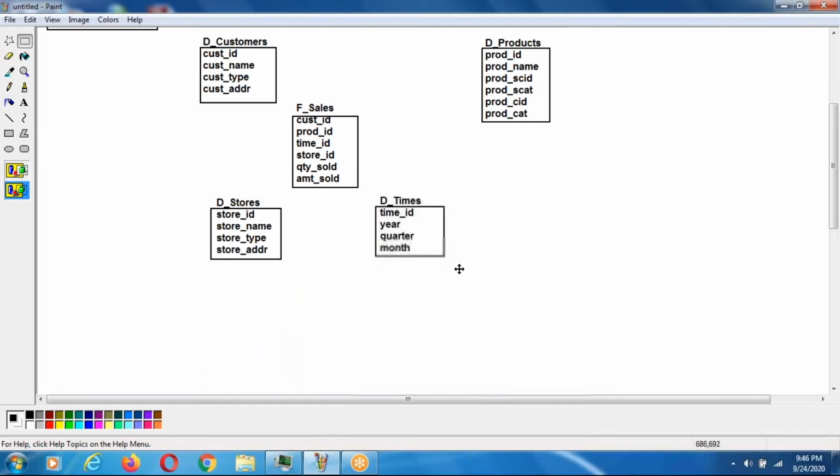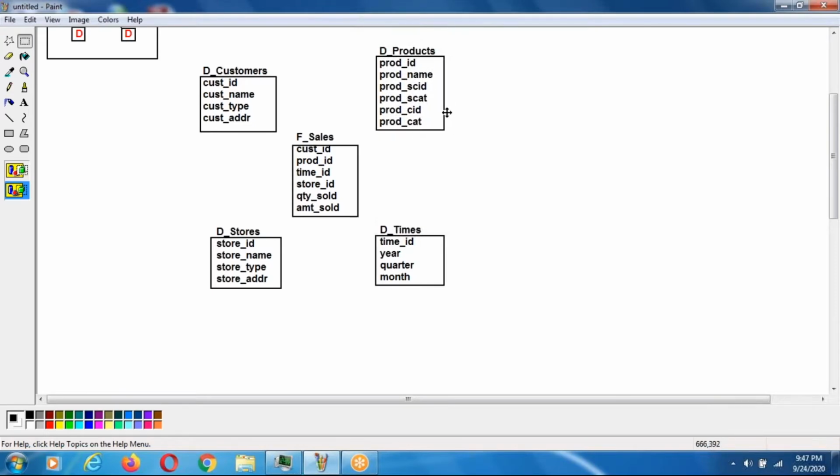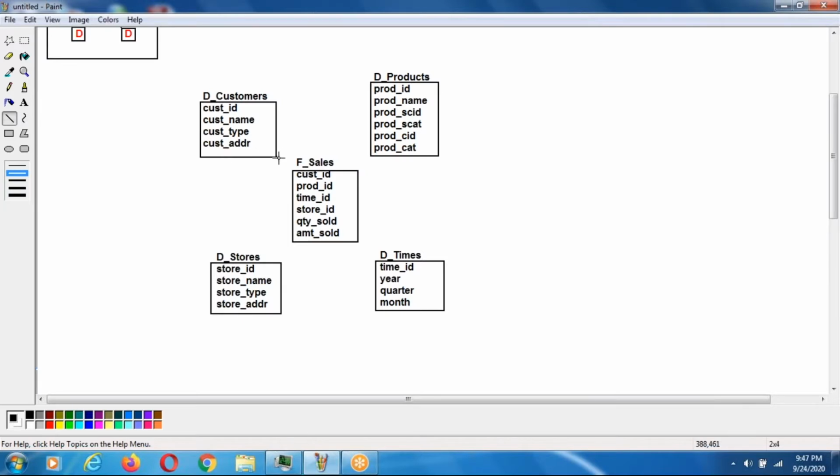Here we have four dimensions, but these dimensions are not communicating with one another. So this structure can be called as star schema.